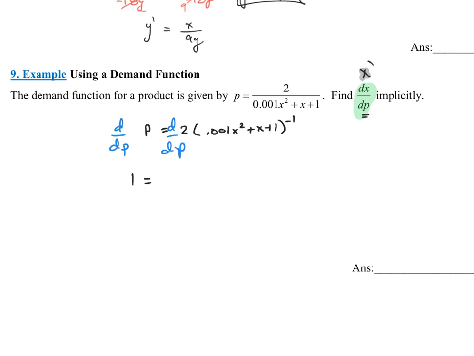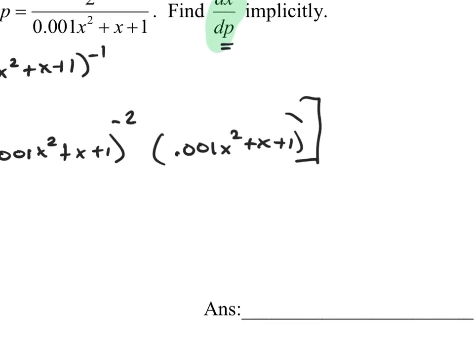The derivative on the right-hand side would be 2 times, drop the power, so that'd be negative 1. Then we'd have 0.001x squared plus x plus 1 raised to the power minus 1, so that'd be negative 2. But then we need the derivative of the insides, the 0.001x squared plus x plus 1, prime. Whew, there it is. Let's think about what the derivative of that inside would be.